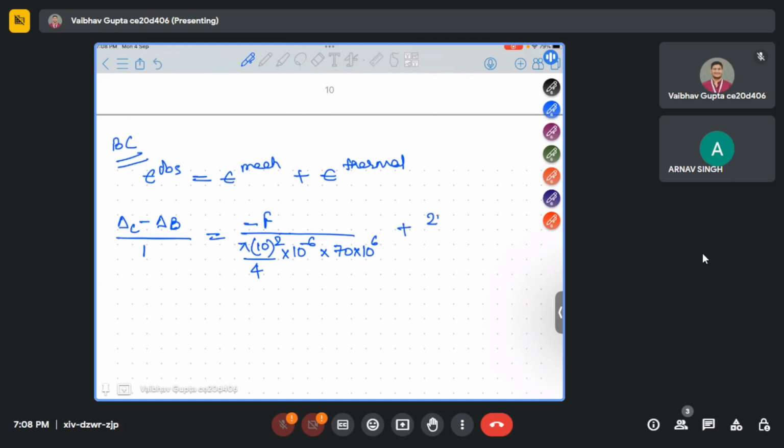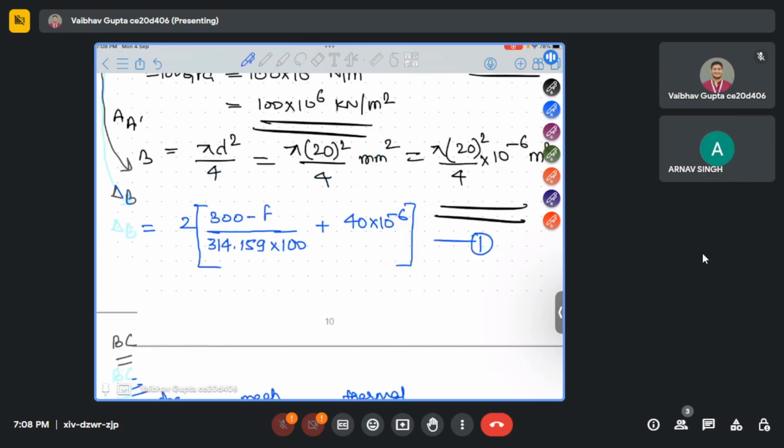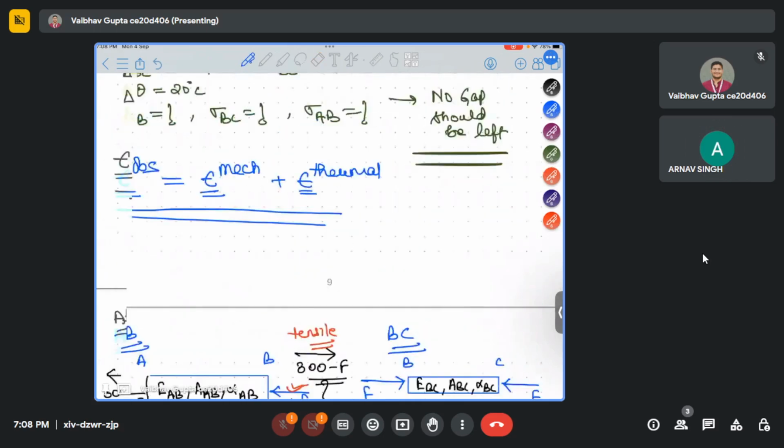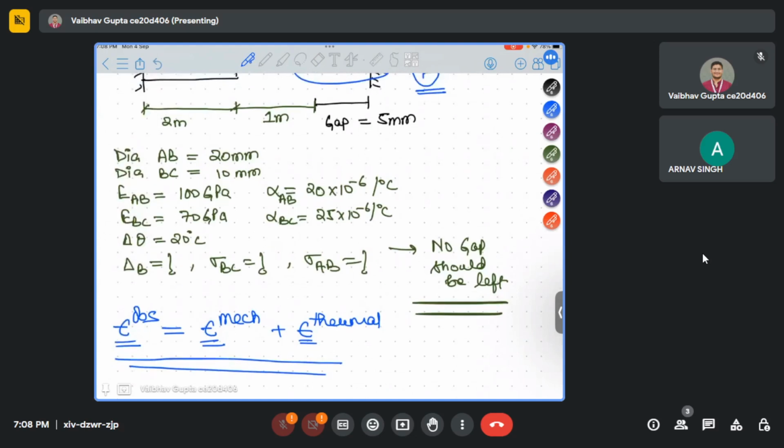Alpha is given as 25 into 10 to the power minus 6. Okay, we'll take 20. Both alphas are the same; we'll take both alphas to be the same. In the question you change alpha for BC also, 20. Okay.